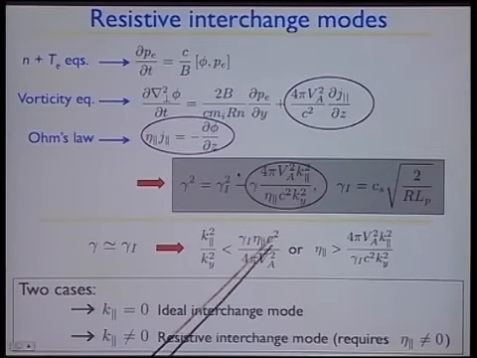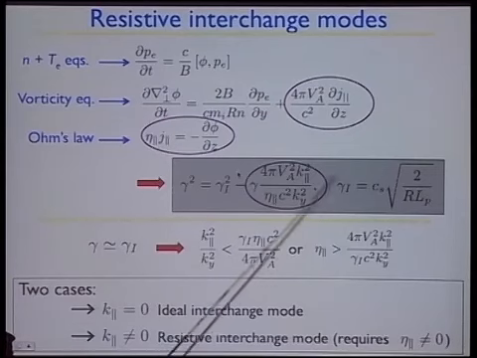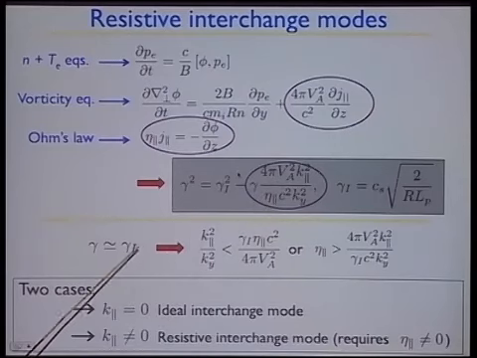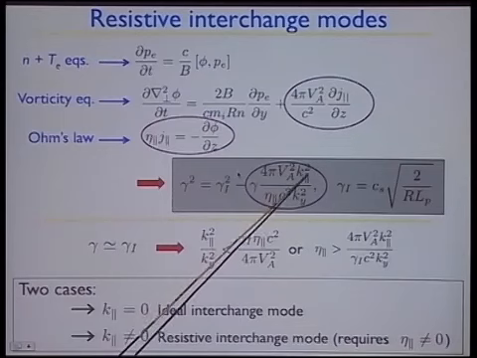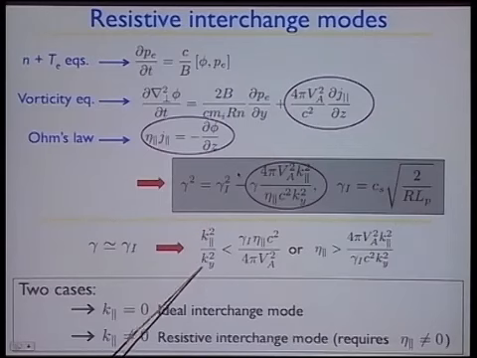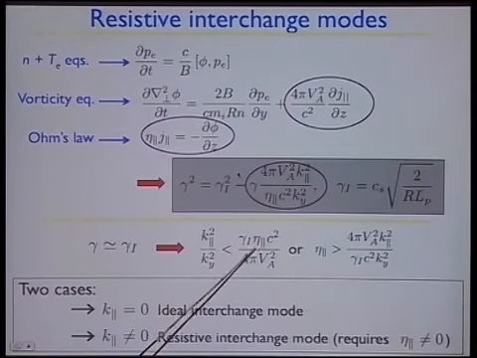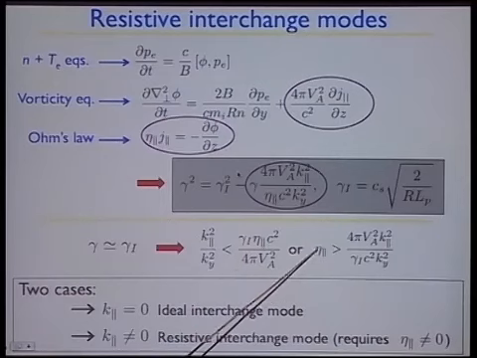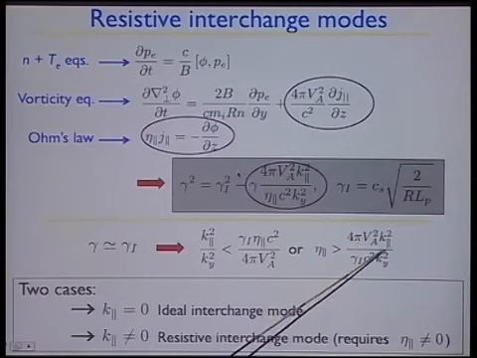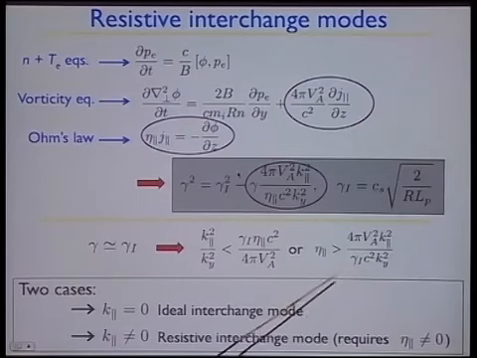So, if we want a fully developed instability, this term has to be smaller than this one, which, if we do the algebra, occurs for k parallel over k perp smaller than a certain quantity that depends, let me point out, on the resistivity. Or we can also write it as: the resistivity has to be bigger than a certain value that depends on k parallel over k vertical.